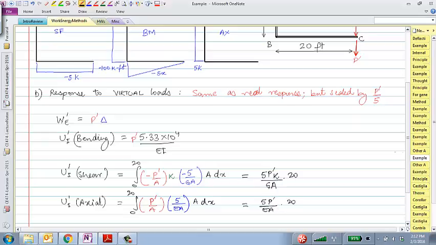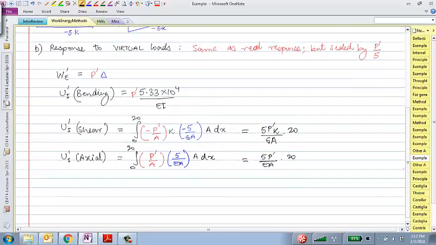times 20. So now finally applying the principle of virtual work, WE prime is equal to UI prime bending plus UI prime shear plus UI prime axial.